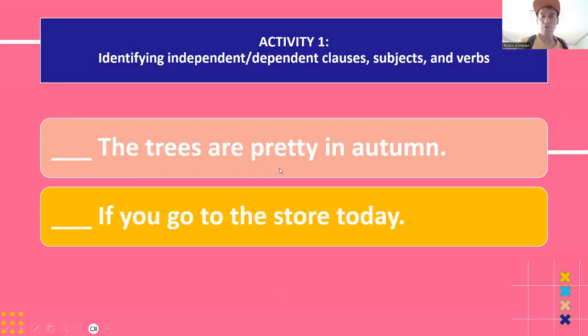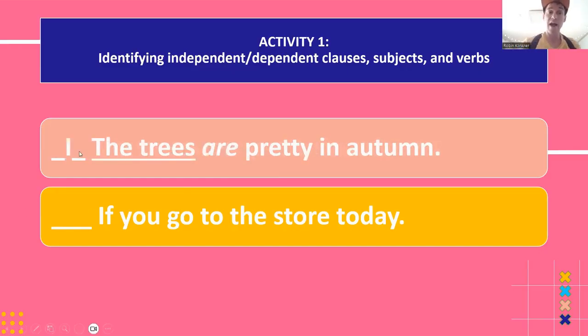The trees are pretty in autumn. Okay, this is a clause. It has a subject and a verb. Is that a complete thought? Yes, it is. If I tell you the trees are pretty in autumn, you'll say, oh yeah, they are very pretty. Nice and brown. I love those. So that is an independent clause. So write an I and underline the subject and italicize the verbs.